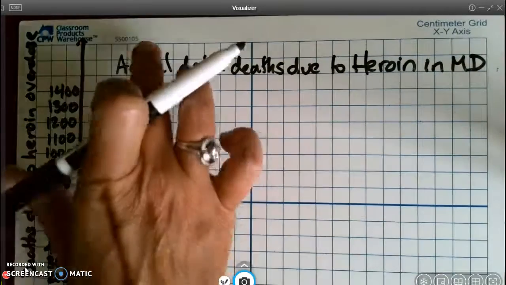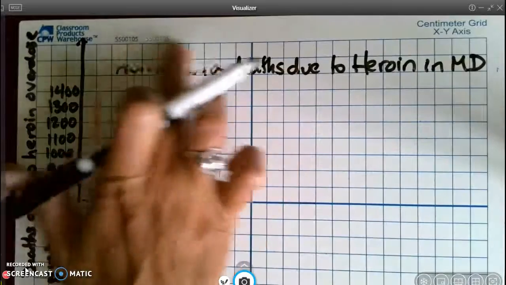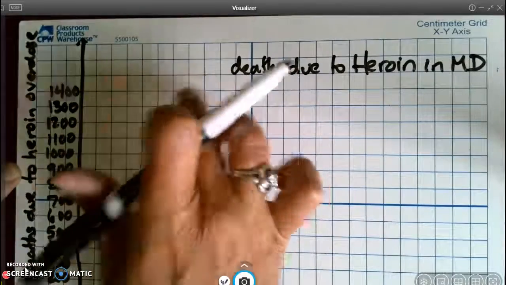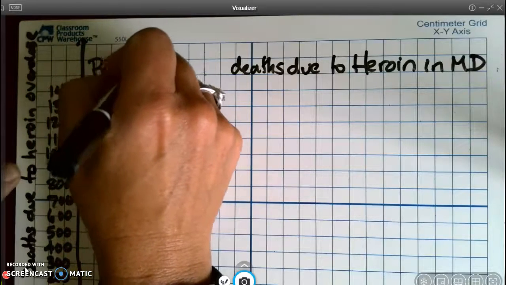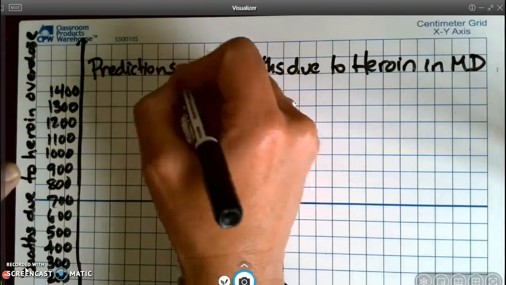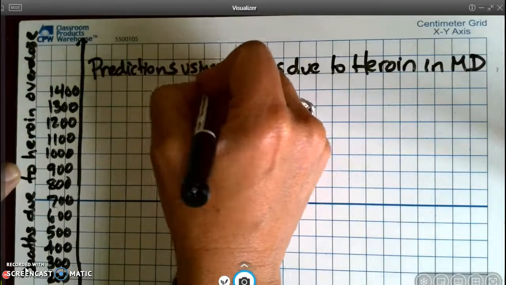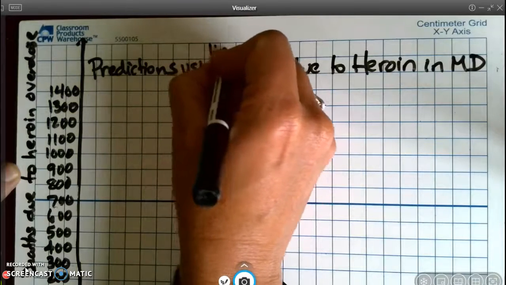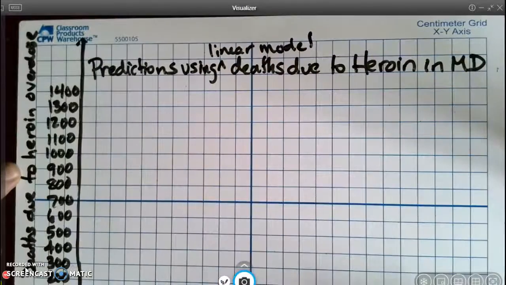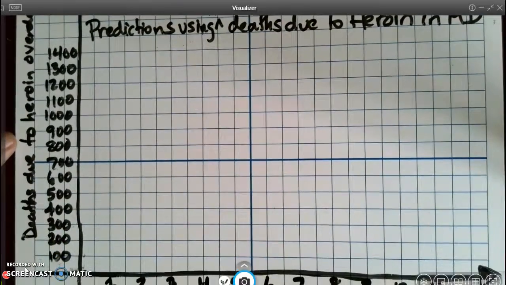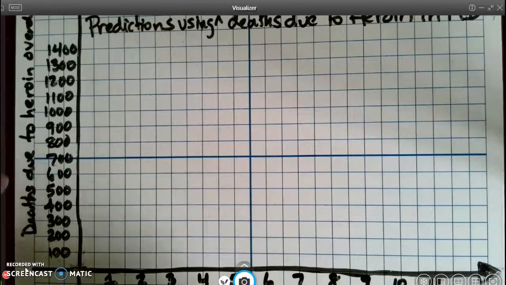Graph number 2, I'm going to put deaths due to heroin in Maryland, and this is going to be predictions using linear model. I would still do each year, and I'm going to do my predictions.